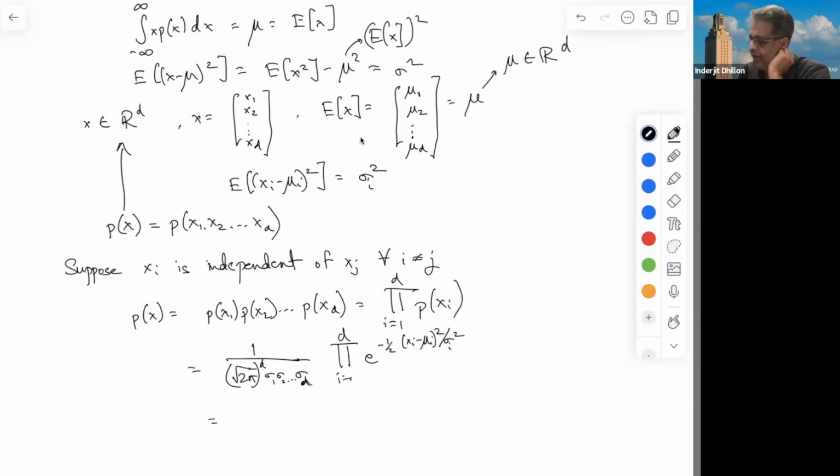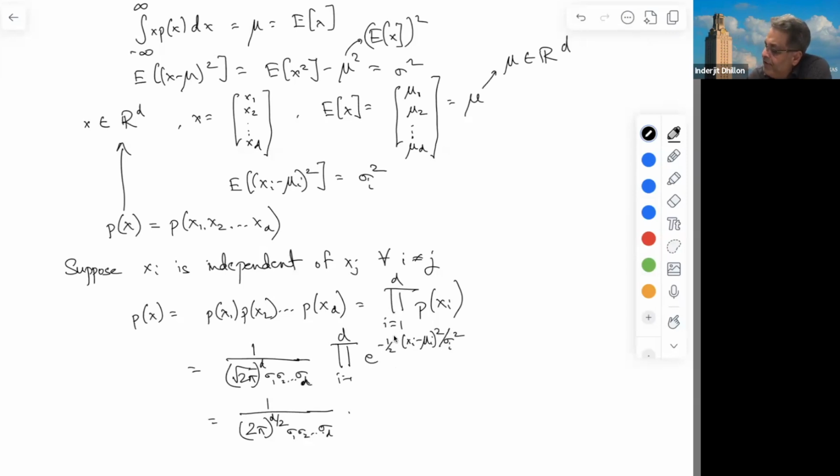Okay, so I will rewrite this as 1 divided by 2 pi to the power d by 2. I haven't really done anything, I just took the square root, written it as power half and written it like this. And then I have sigma 1, sigma 2 to sigma d. Now you need to notice one thing: this is a product of exponentials.